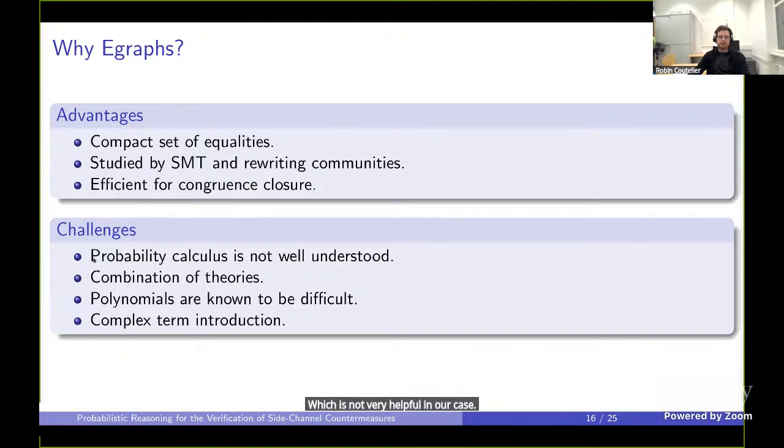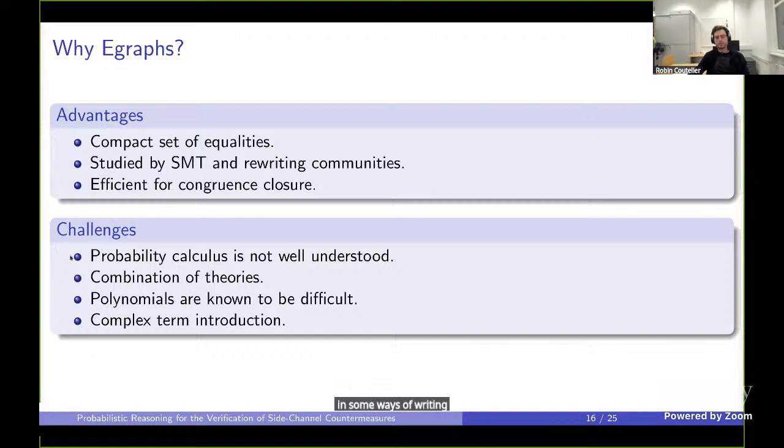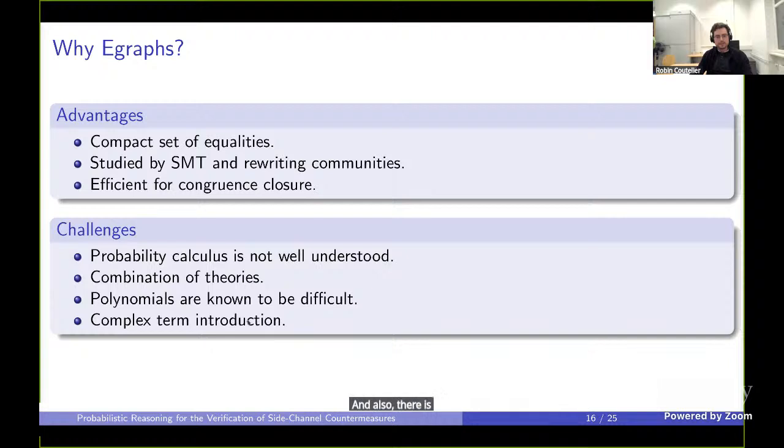The other difficulty is combination of theories, where we have probabilities, we have polynomials. In some ways of writing the problem, we also have Boolean algebra. And all of these have to coexist. And just polynomials are difficult. They are difficult within egraphs, without egraphs. It's a tough challenge.